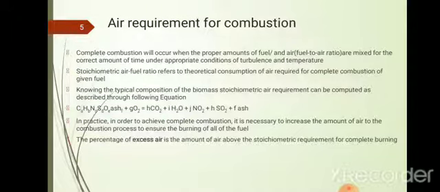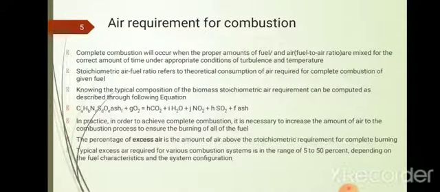So we have to supply some additional air or oxygen, and that additional air is known as excess air. And the typical excess air requirement will be around 5 to 50%. So according to different applications and different biomass, it may vary between 5 to 50%.